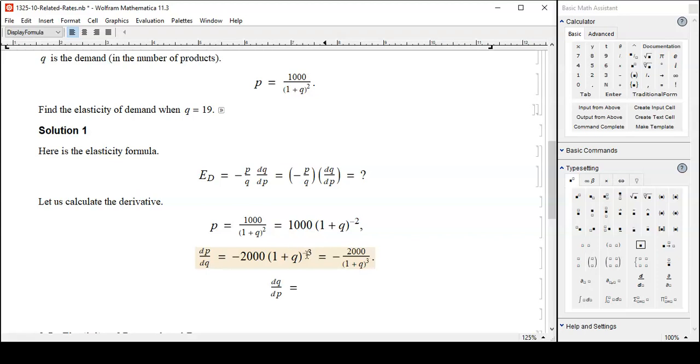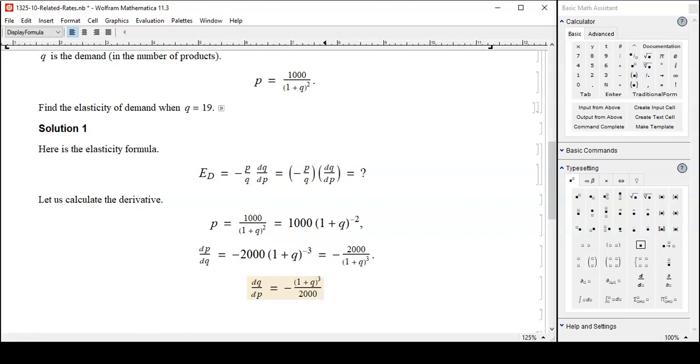So negative third power, so in traditional expression, third power goes to the denominator, and it made it that much easier to take the reciprocal. So negative of 1 plus Q to the third power over 2000. So can I plug this one in over here?